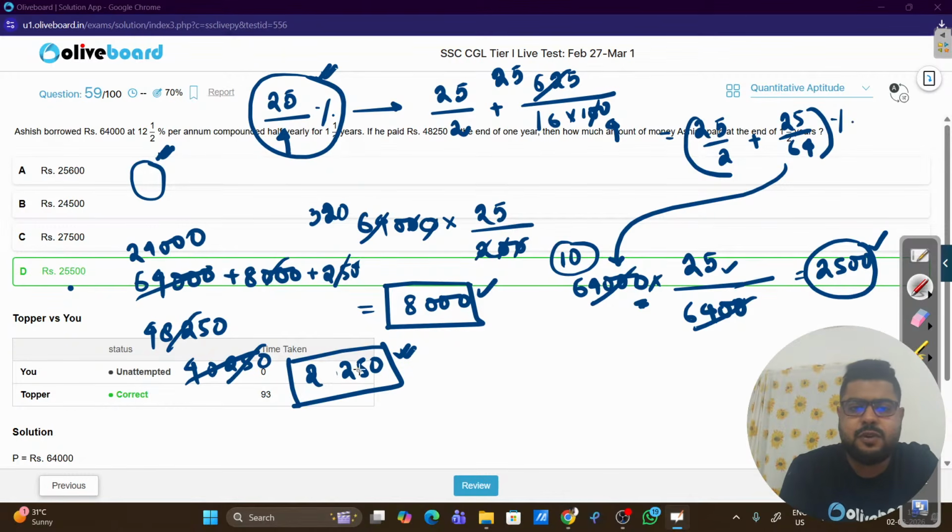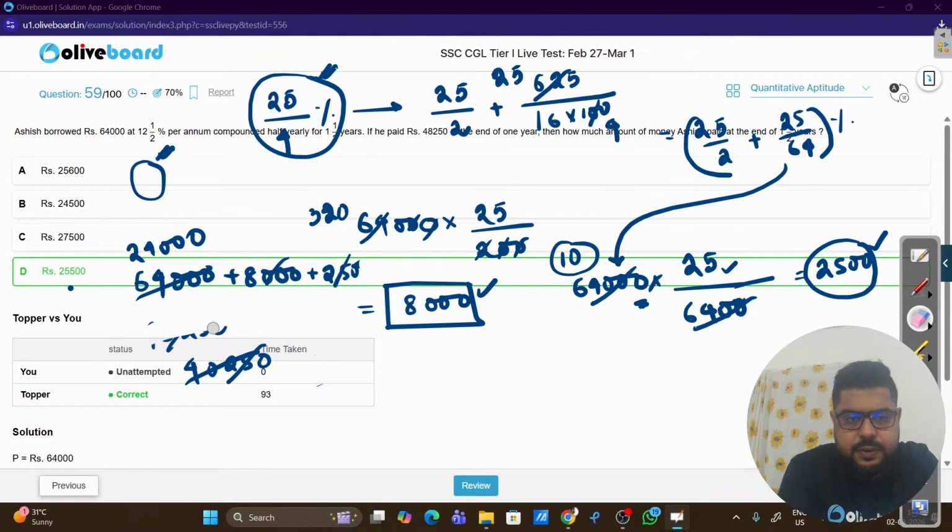This is 24,250 only, sir. That's why it was not coming. The question is correct, there is nothing wrong with the question. I had made the error. 24,000 and 250 from here. Achha, I don't think 250 will also be there. Ruko.